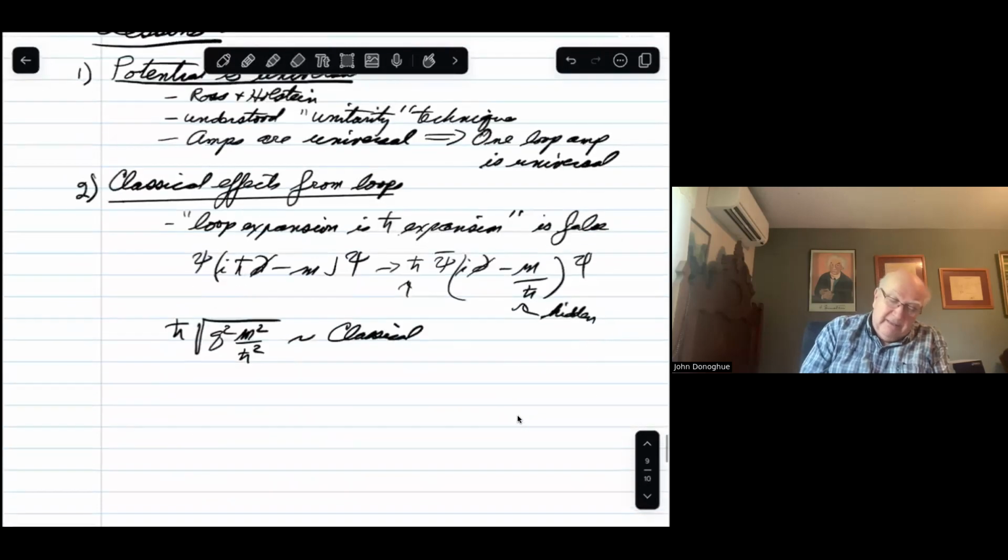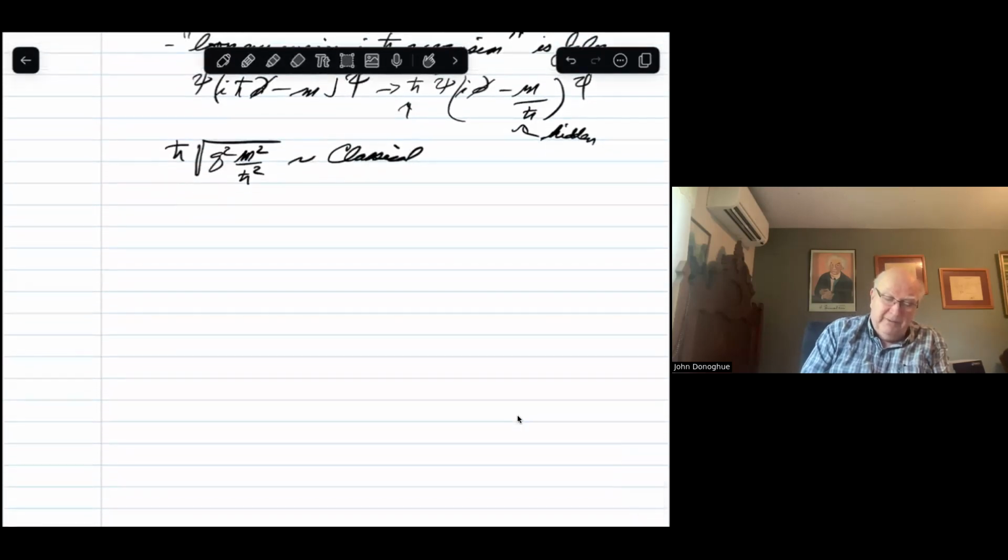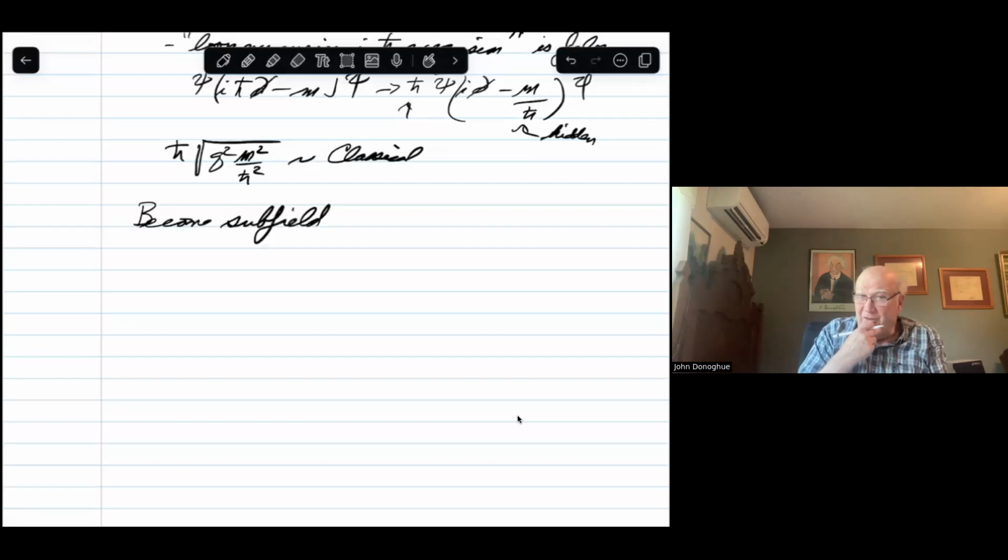So this has become a little subfield. In gravitational wave physics, the quantum field theory techniques have been used to pull out gravity waves, and somewhat surprisingly are competitive with the classical gravity calculations.